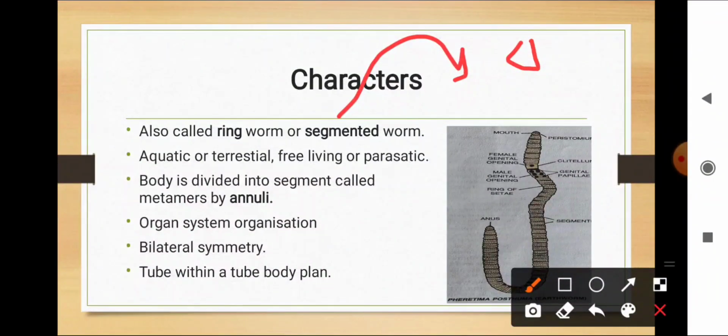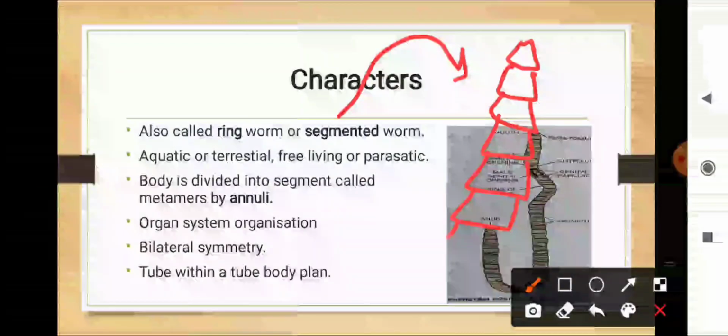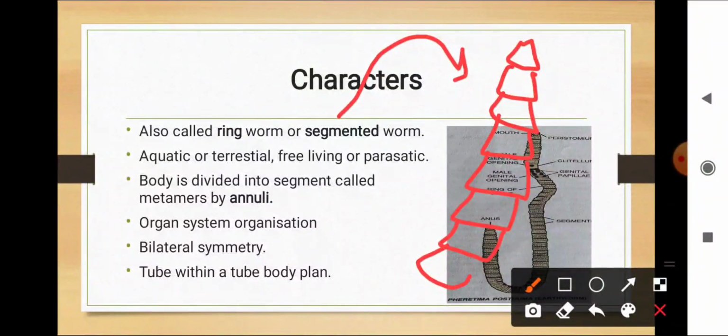It has one segment that is again repeated as another segment. Similarly, the repetition of the body parts goes on and on. That's why we call phylum Annelida also segmented worms.